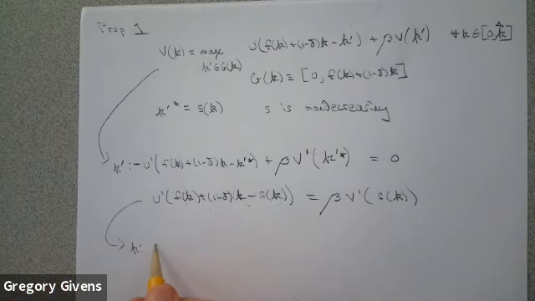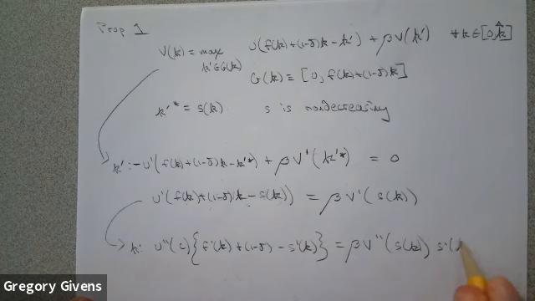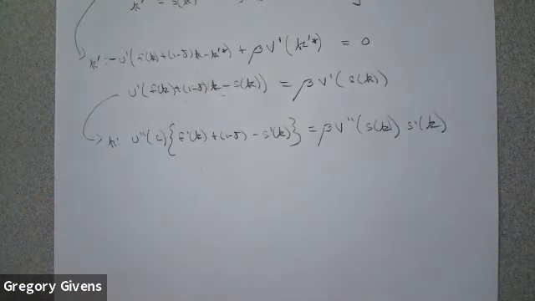Well, this is U double prime of C, right, times, what's the derivative of this with respect to K? It would be F prime of K plus 1 minus delta minus S prime of K is equal to beta V double prime S of K times S prime of K. You guys follow that?